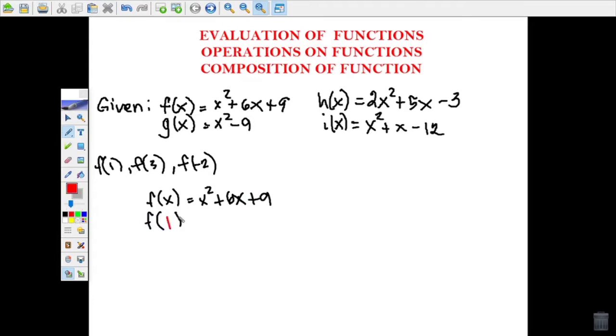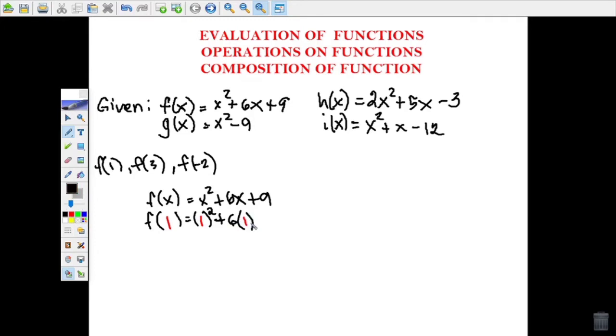Ibahin ko yung kulay para mas makita nyo. Okay? So therefore, that is equal to, since x is changed to 1, papalitan ko lang din dito si x, okay, ng 1. So it should be 1 squared plus 6 times, since si x nga ay 1, so I will change it to 1.